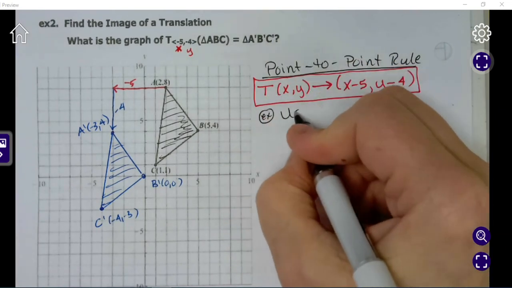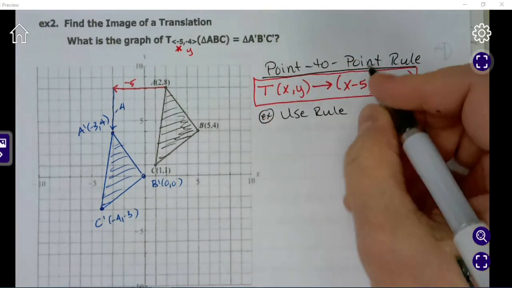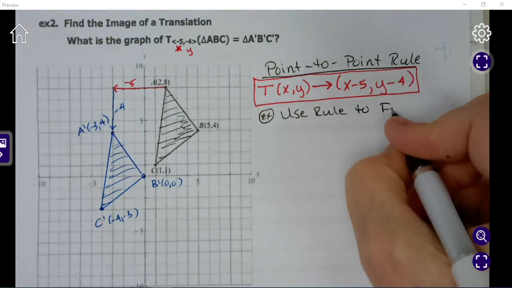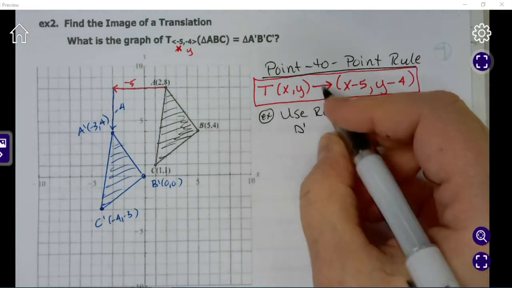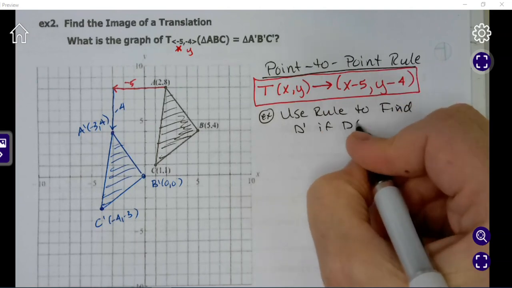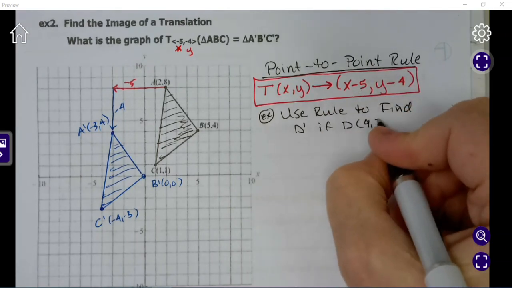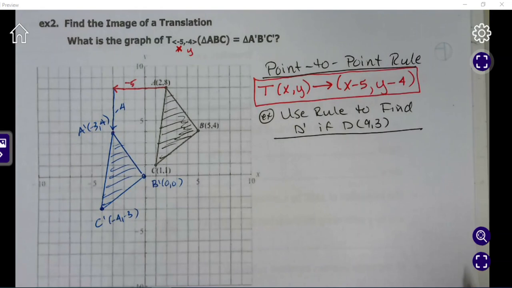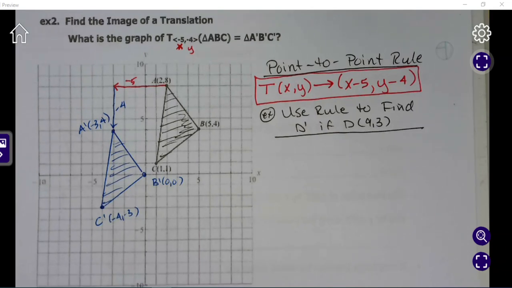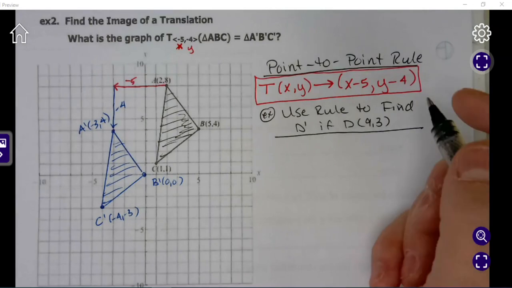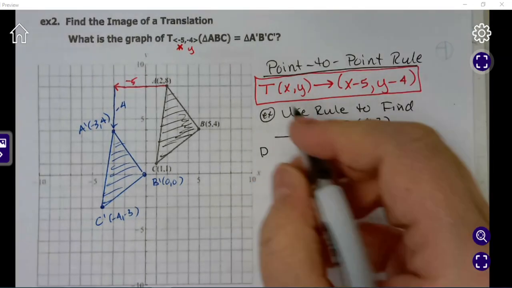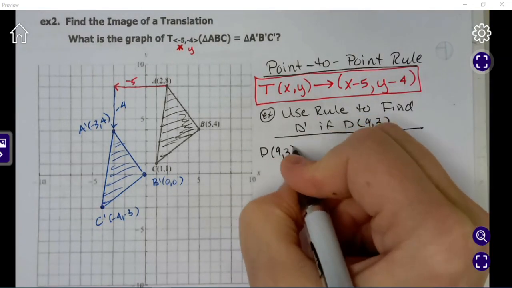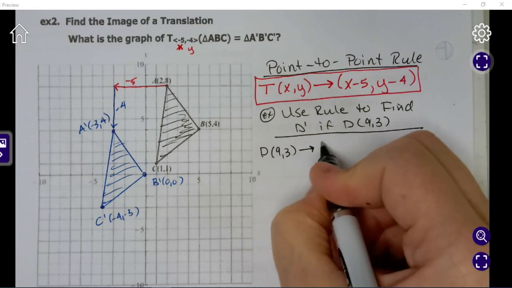All right, we are going to use this rule to find D prime if point D is 9,3. We're going to use the point-to-point rule. All right, point D is 9,3. Use an arrow.